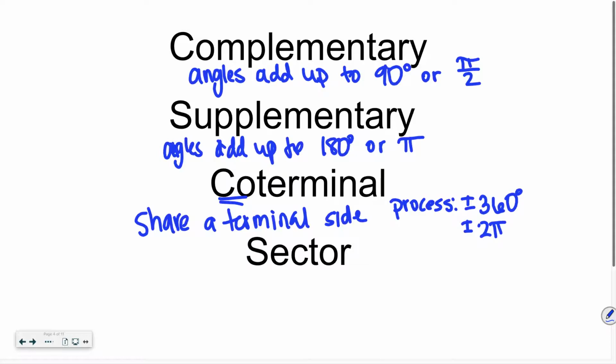What part of the circle? Yep, the part where the angle is. Like a slice of pie. That's a sector. I'm just going to draw. It's the portion that an angle is intersecting with the arc. Okay, an angle is intersecting the arc.